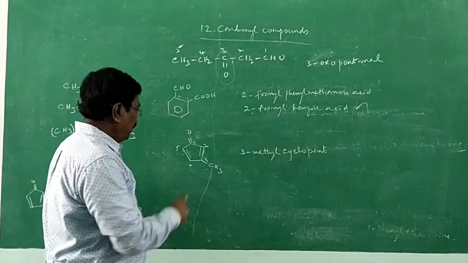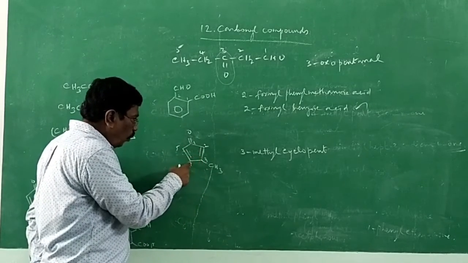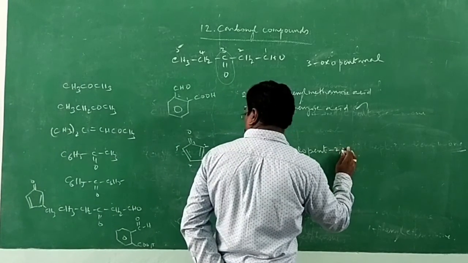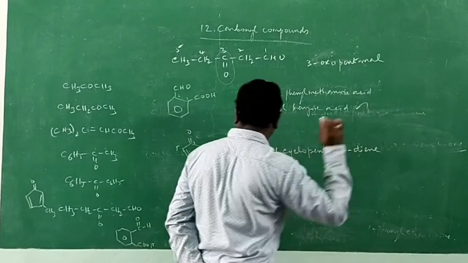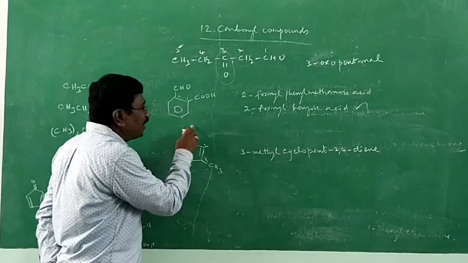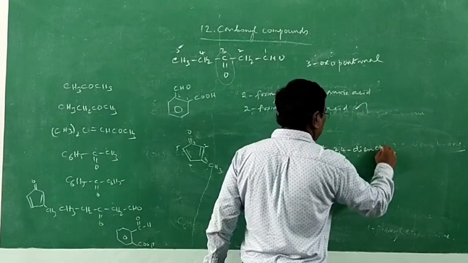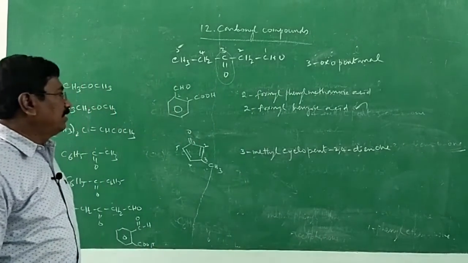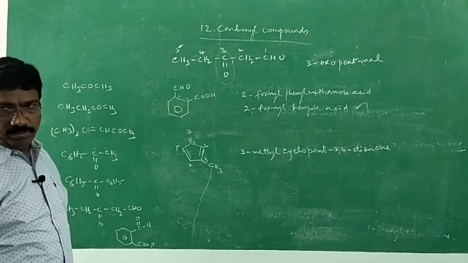So 3-methyl cyclopen-2,4-diene. It is a ketone, dienone, that's all. 3-methyl cyclopen-2,4-dienone.